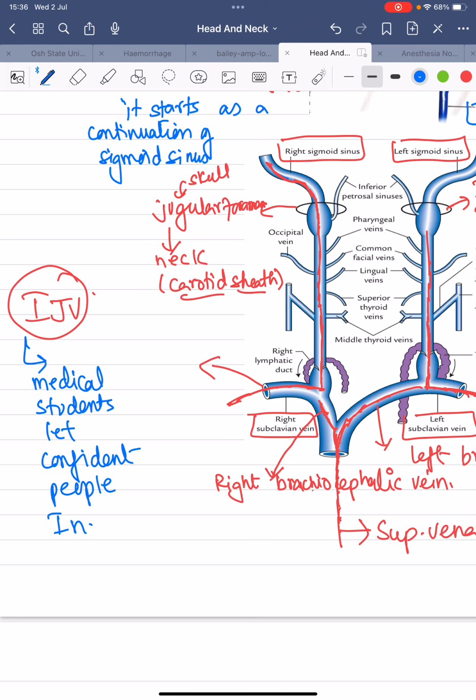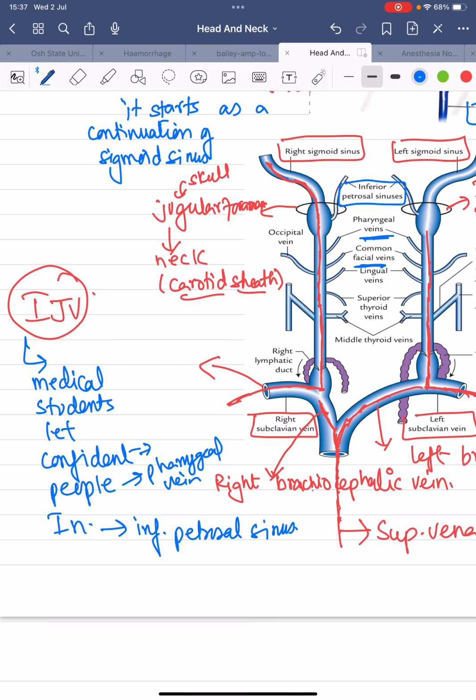I is your inferior petrosal sinus. P is your pharyngeal veins. Okay. C is your common facial vein. So C is your what?